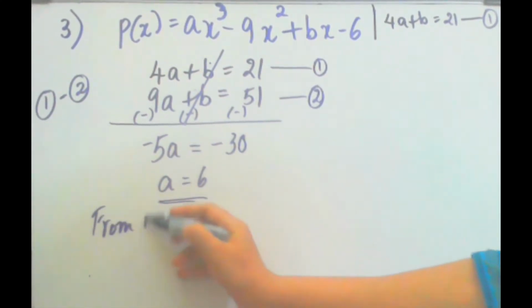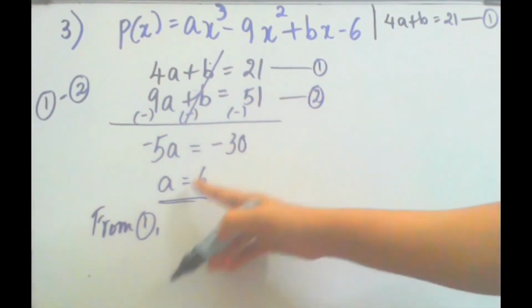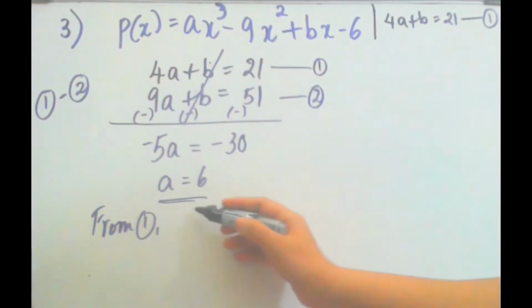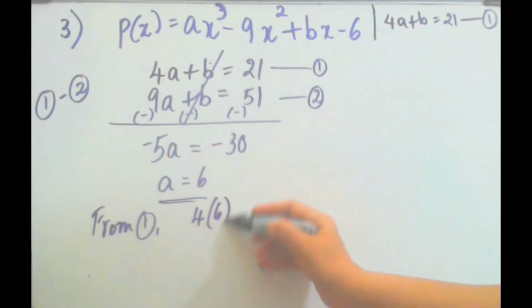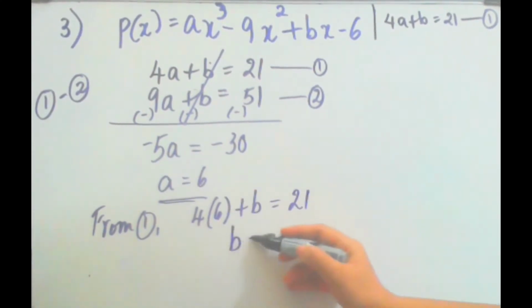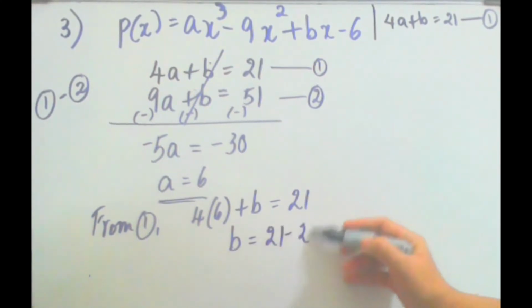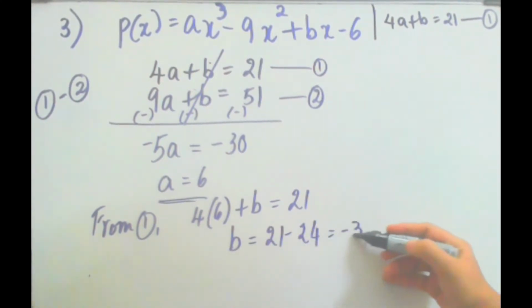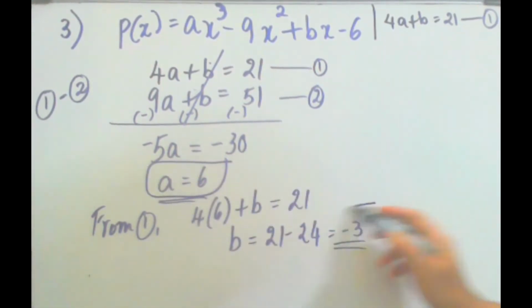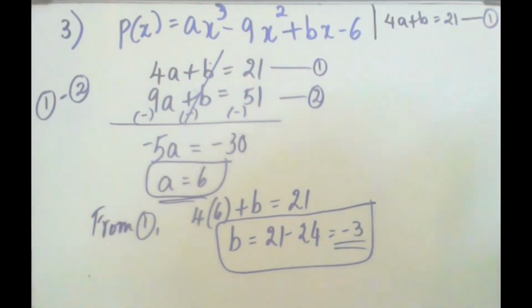From equation 1, we substitute the value of a and get the b value. So 4 into 6 plus b equal to 21. So I get b equal to 21 minus 24, which is negative 3. So these two are the values of a and b. This is the answer for part A.